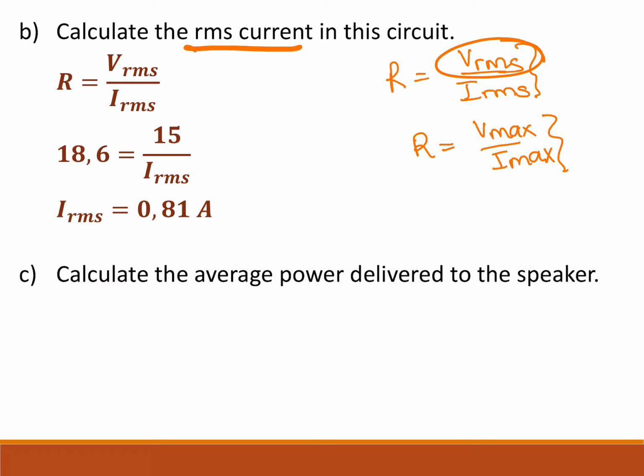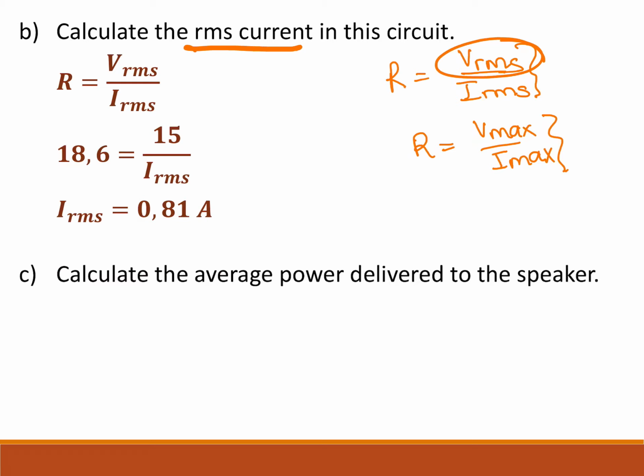Now they want the average power delivered to the speaker. Now you need to be careful, because you are going to be very tempted to use V, but you can't. There are 2 resistors in series. When they are in series, the potential difference splits. You know what the total is. You would then need to work out what the V is over the speaker specifically.